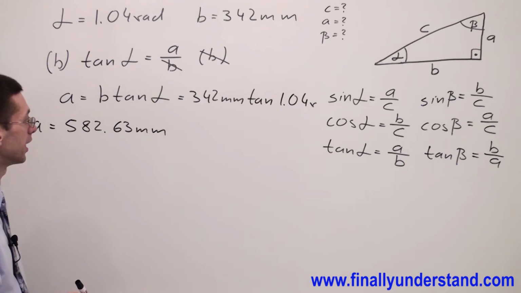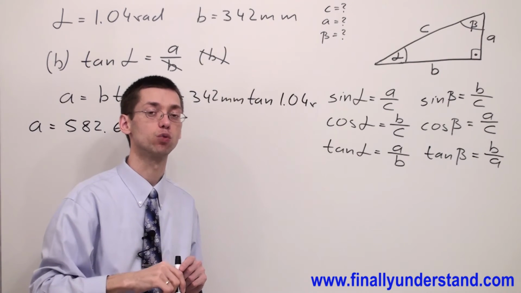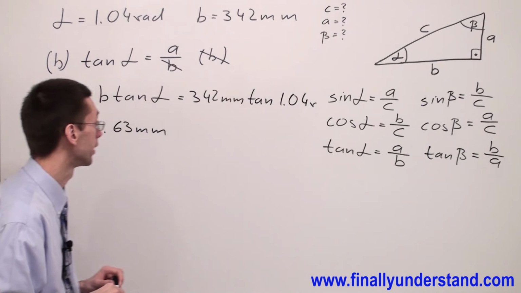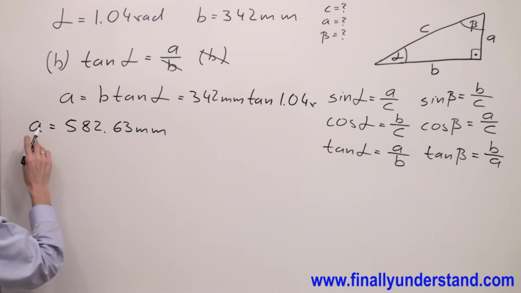Please keep in mind, anytime you will deal with radians, your calculator must be switched to radians. If you have your calculator switched to degrees, your answer is going to be wrong. So this is the length of side A.